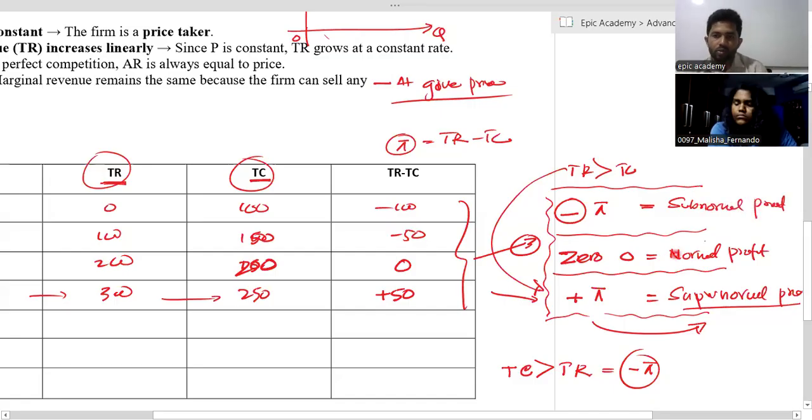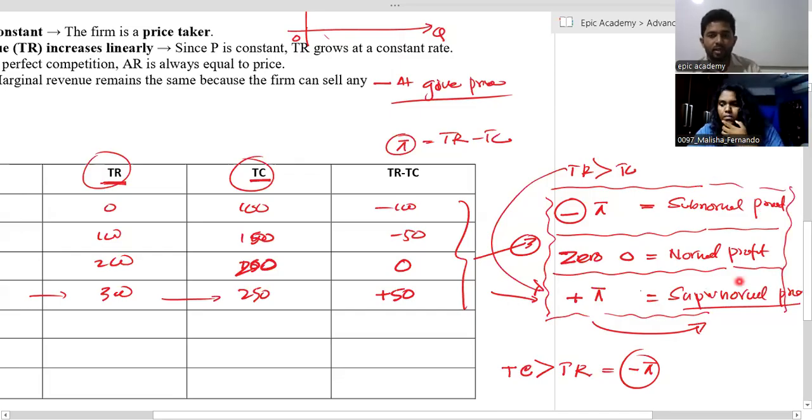Actually, we are not going to express that kind of profit as losses. In accounting, you can say that is a loss. But here, you have to identify those 3 words: subnormal, normal, and supernormal. If the profit is a plus value, you can call it supernormal.